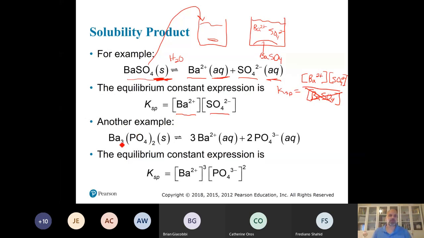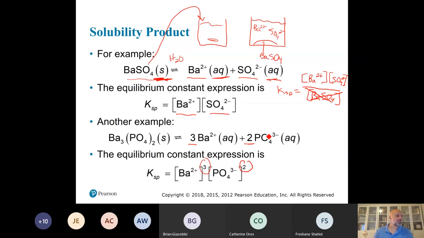And here's another example: our barium phosphate, Ba3(PO4)2 as a solid. This dissolves and gives us our barium ions and our phosphate ions. And you can see in this case we have exponents, and our exponents are coming from the stoichiometry in the equation.